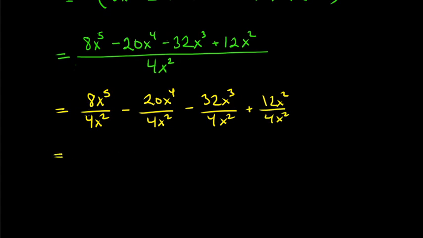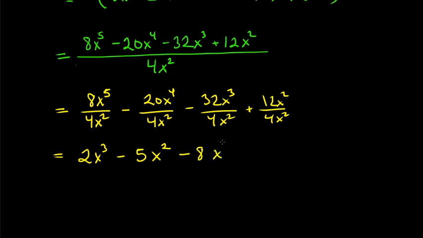Right? So the coefficients you divide. 8 divided by 4 is 2. The exponents, however, you don't divide 5 by 2 here. Remember, you're using the exponent rules. You subtract the exponents. This is 5 minus 2, or just x to the 3. Minus 20 divided by 4 is 5. And then 4 minus 2 is 2. And then negative 32 divided by 4 is 8.